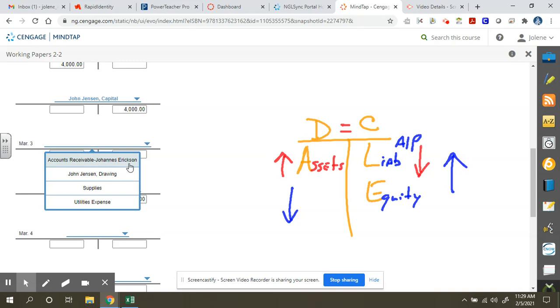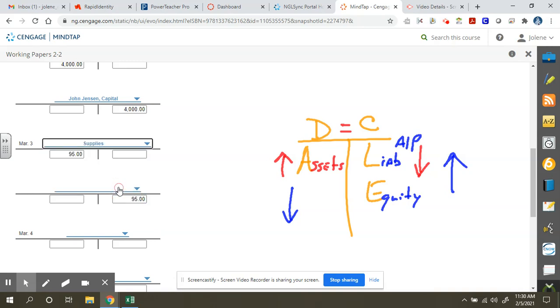Well, accounts receivable is when Johan would be buying stuff from you and just give you an IOU. So that doesn't make sense here. John Jensen, it does not say that John's taking money out. Withdrawal means take money out. So it's not those two. So then you're down to supplies or utilities expense. Well, the transaction clearly tells you supplies.